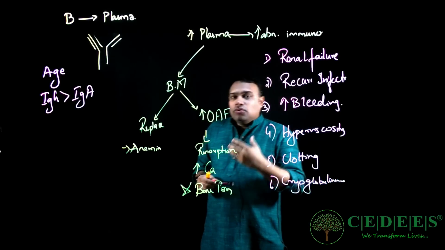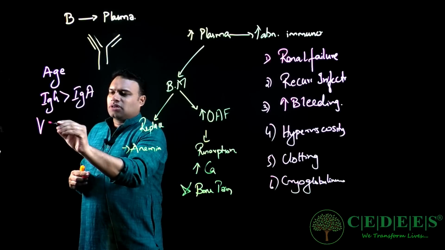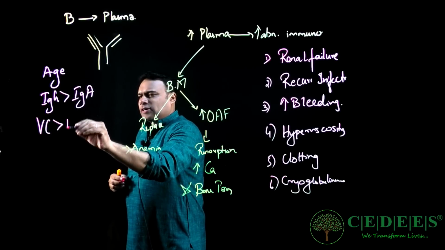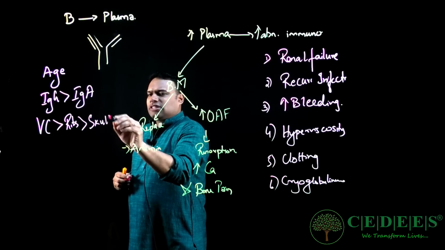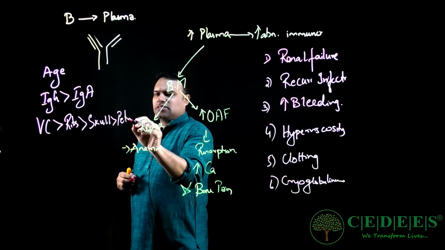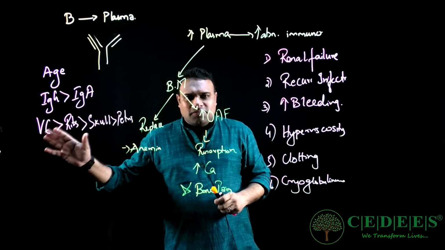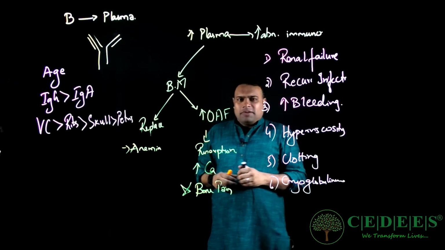Now coming to the bones of involvement, the first bone to be involved is your vertebral column. Okay, now after the vertebral column, it is going to be your ribs. After the ribs, it's going to be your skull, and after the skull, it is going to be your pelvis. Now, these are the bones in sequence, but if you remember, the vertebral column is the most important bone, the first bone to be involved. I guess these concepts should be pretty clear.